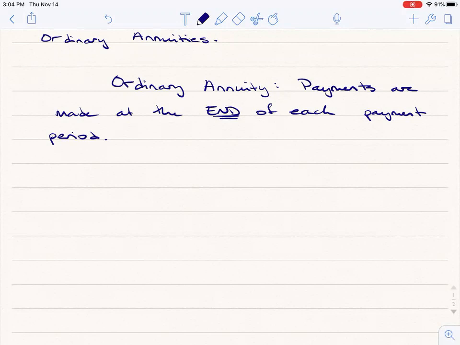So what that looks like on our timeline, because today we're going to go to annuities due, and annuities due, the payments are being made at the beginning of each payment period.